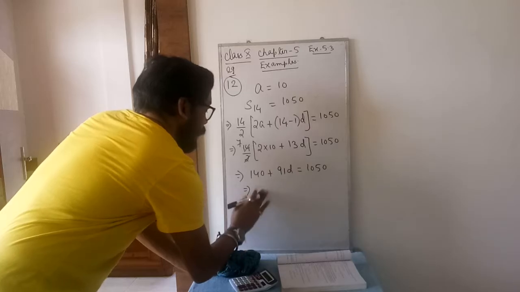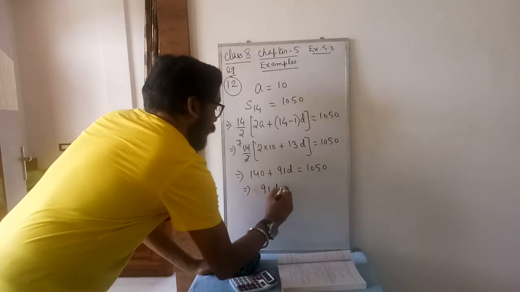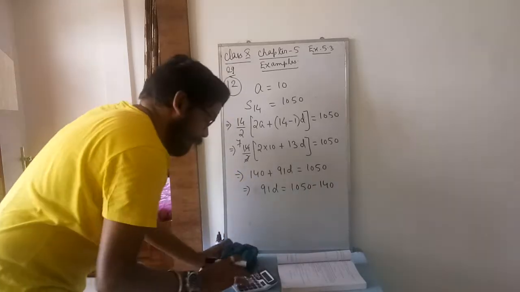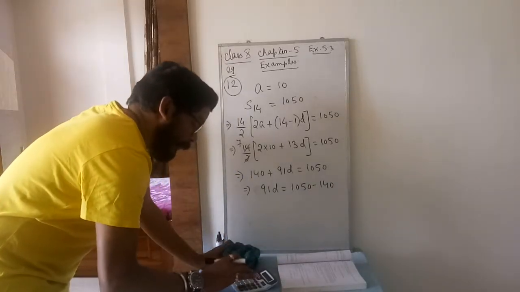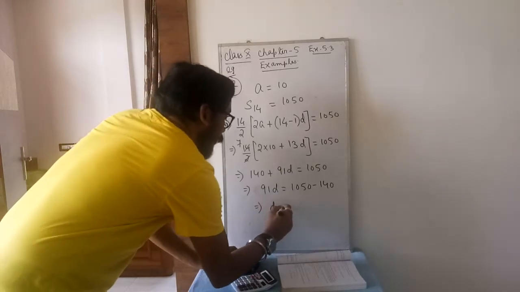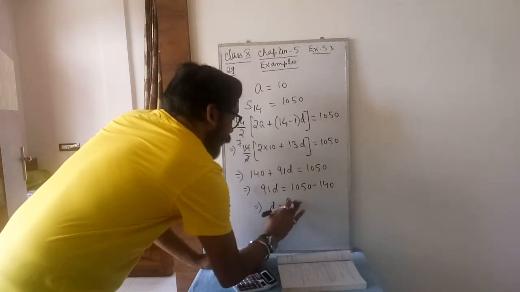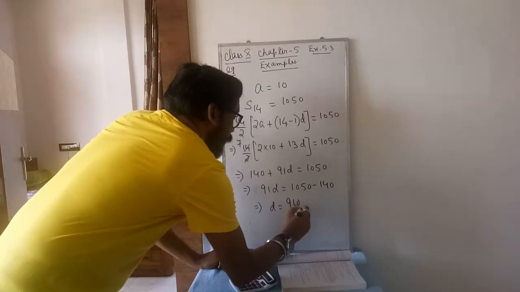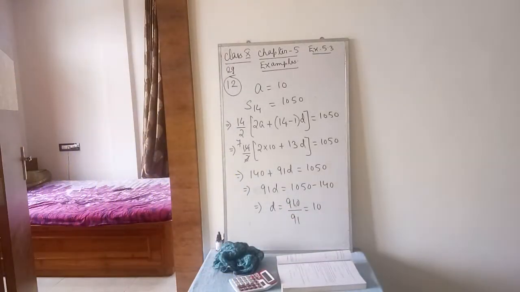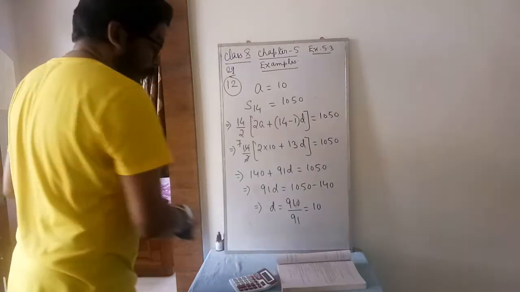So 91d equal to 1050 minus 140. 1050 minus 140 is 910. So d equals 910, and this 91 will come below, so it is 10. Take the screenshot of this. It is 10. Okay, you got the value of d.